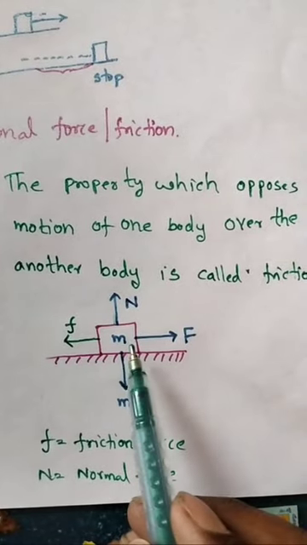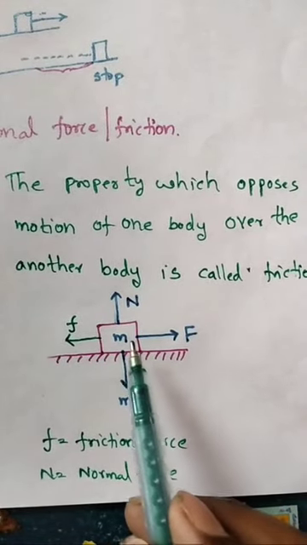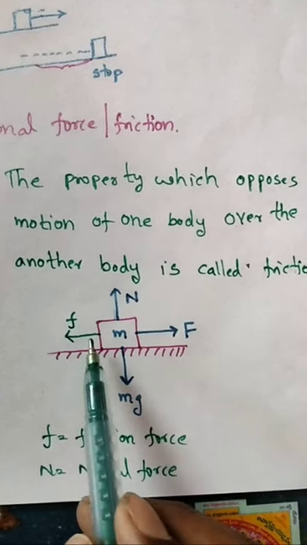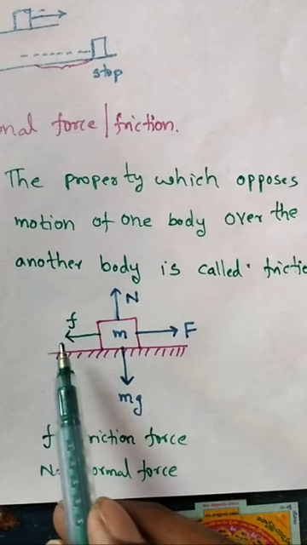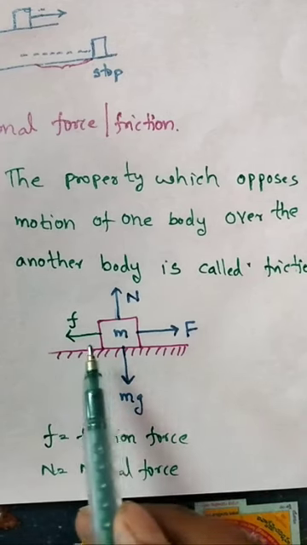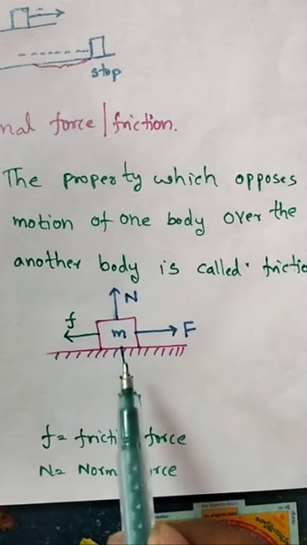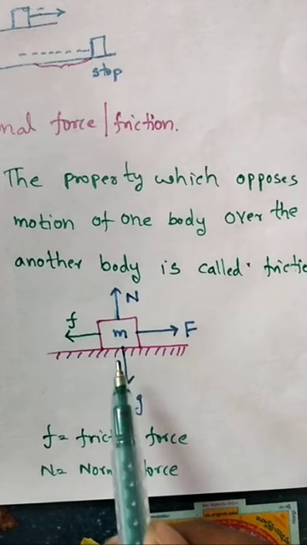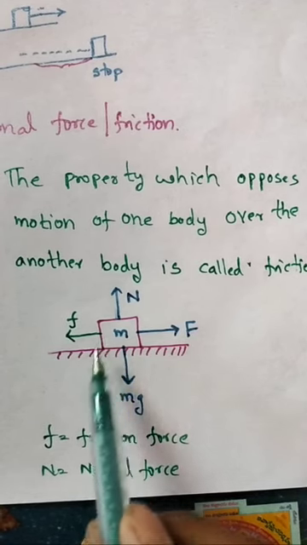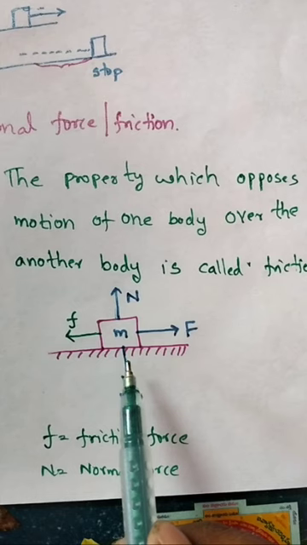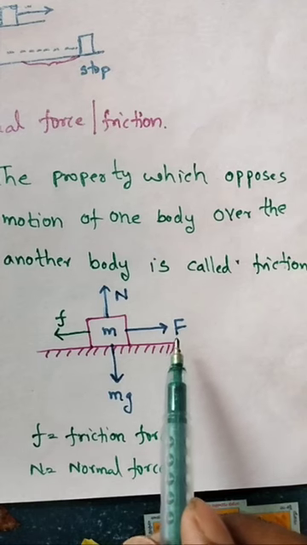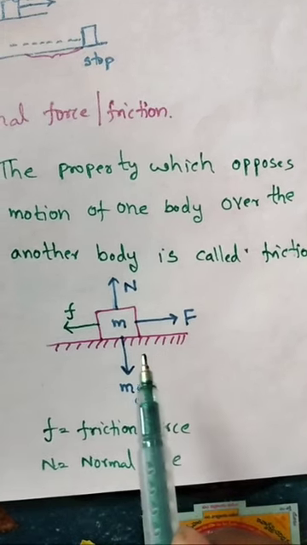When the external force is acting in the positive x direction, the frictional force acts in the opposite direction, always opposing the relative motion of the object. So this is called friction force. It is a property which opposes the relative motion of the body. This frictional force is always opposite to the external force, capital F.